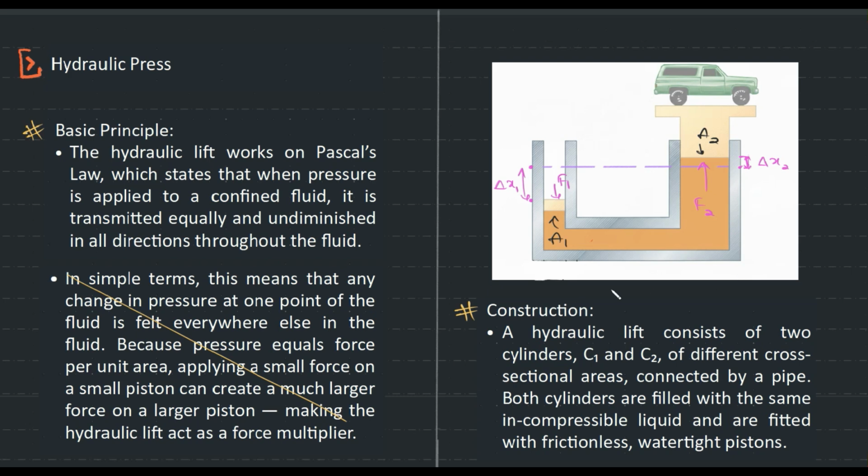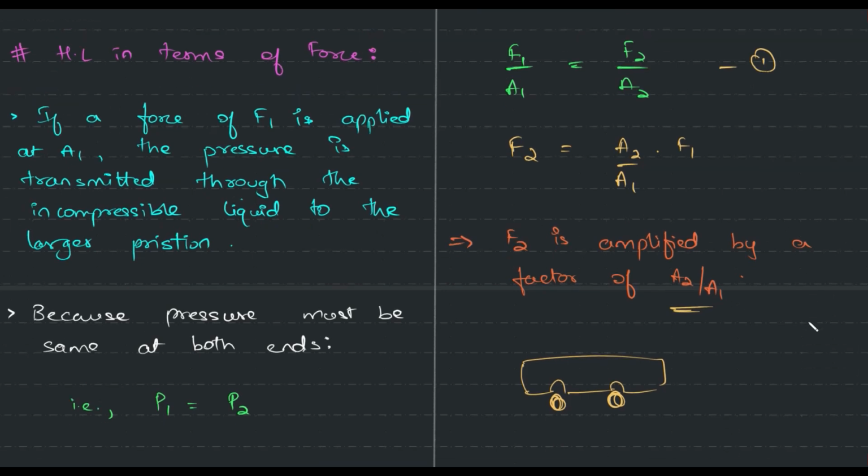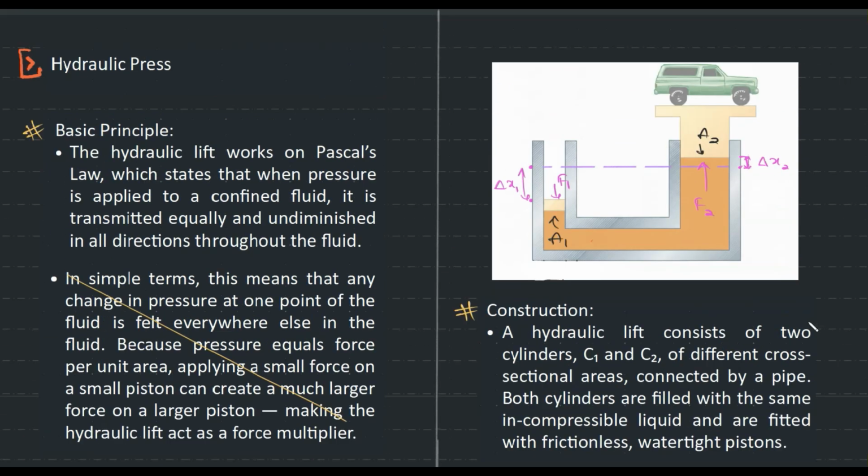Okay. So in terms of work, we are not doing any extra bit of work. The system is not adding any work, right? All it is doing is amplifying the force. That is what you need to understand from this video. So what we are trying to look at is how the behavior of liquid is able to help us in our day-to-day lives, right?